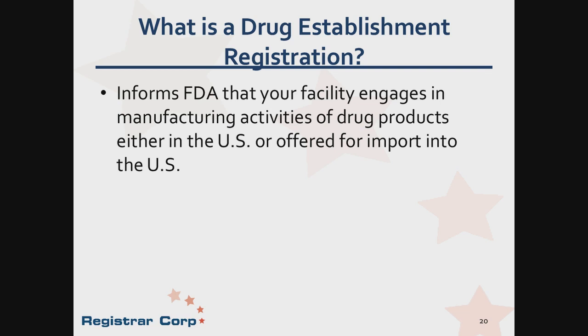Registration of a facility with FDA informs FDA that your facility is engaged in the manufacture, preparation, propagation, compounding, or processing of a drug or an animal feed bearing or containing a new animal drug that is either located within the United States or will be offered for import into the United States. The registration is submitted electronically, formatted in structured product labeling, known as SPL format, that uses extensible markup language, known as XML code.